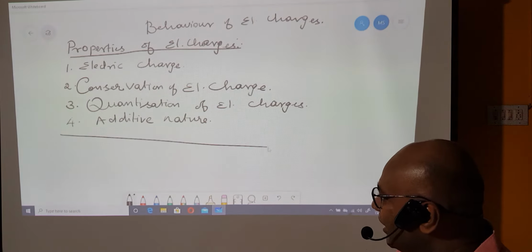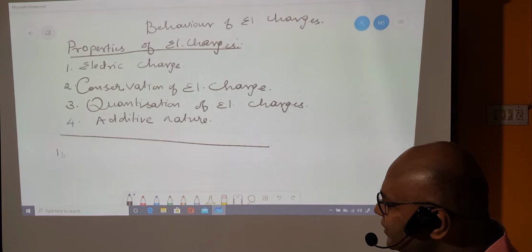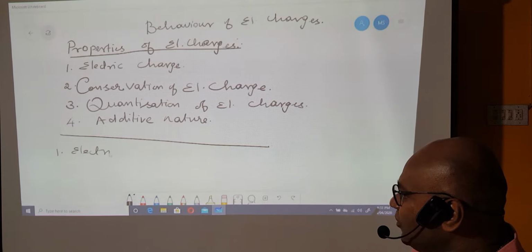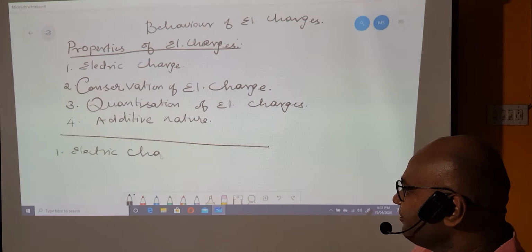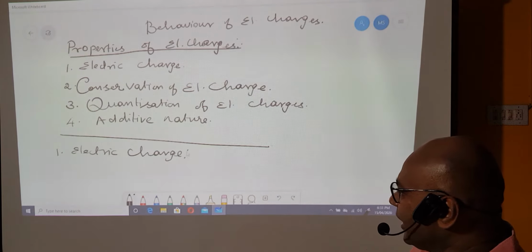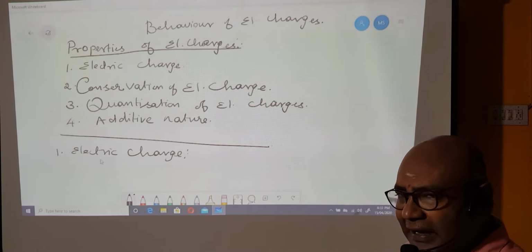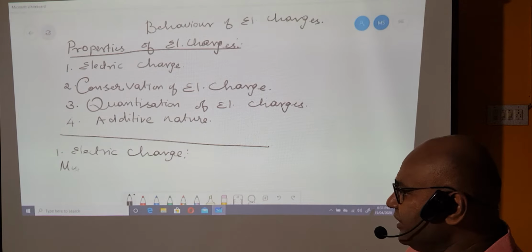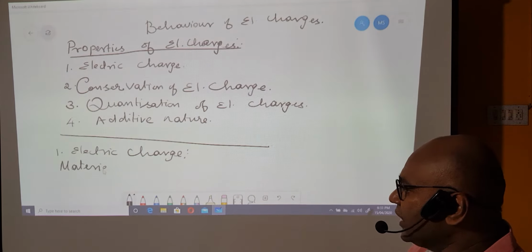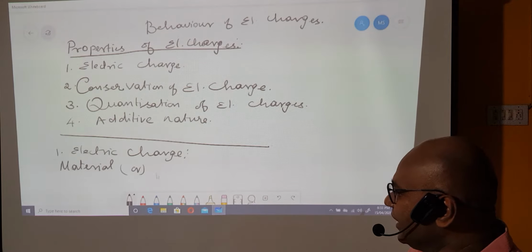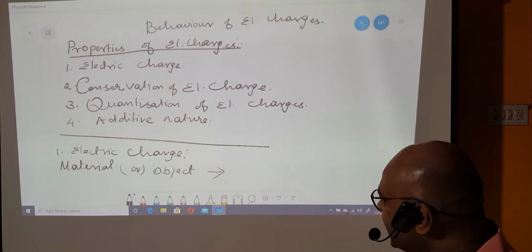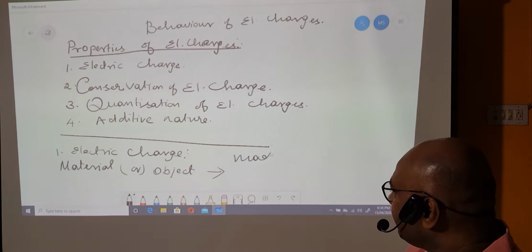Let us see them one by one. What is the first property? The first property is generally called electric charge. What do you mean by electric charge? Let us take it like this. Consider any material or any object. That material or object is made up of what?